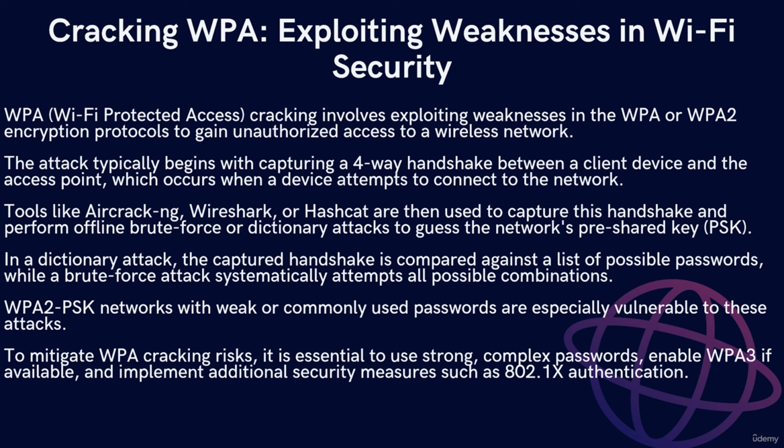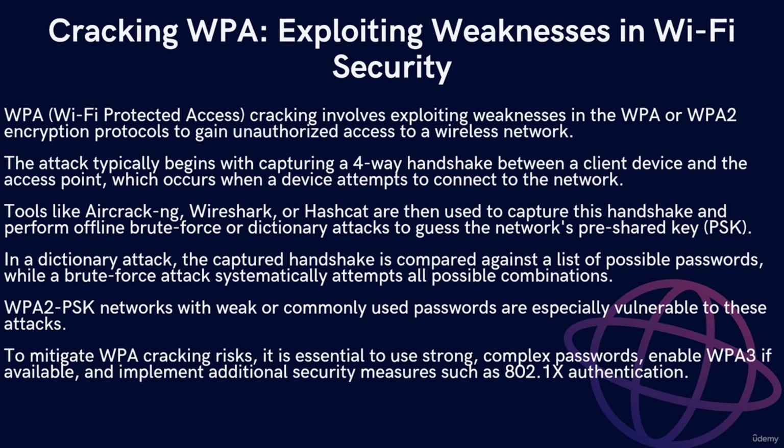To mitigate WPA cracking risks, it is essential to use strong complex passwords, enable WPA3 if available, and implement additional security measures such as 802.1x authentication. Cracking WPA and WPA2 networks involves significant ethical and legal considerations, and it is important to stress that unauthorized access to networks is illegal and unethical. However, understanding the process can help in securing your own network.